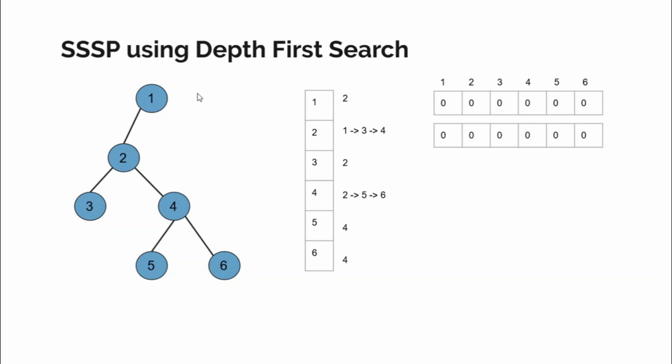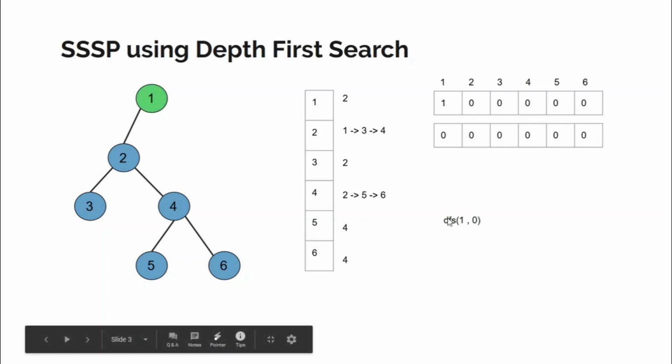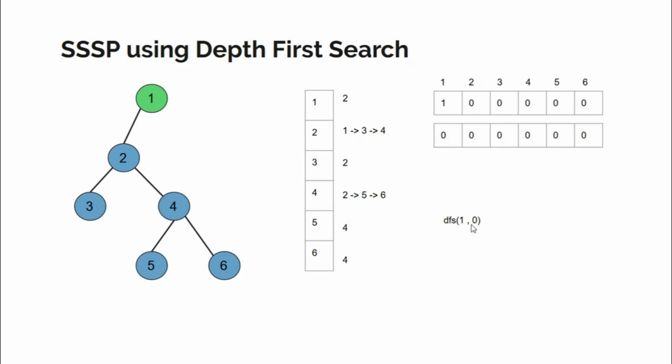To find the shortest distance starting from a given source to every other node, we would use DFS. You would make a DFS call from the main function, and the DFS function would have two parameters: the node and the distance of this node from the source vertex.